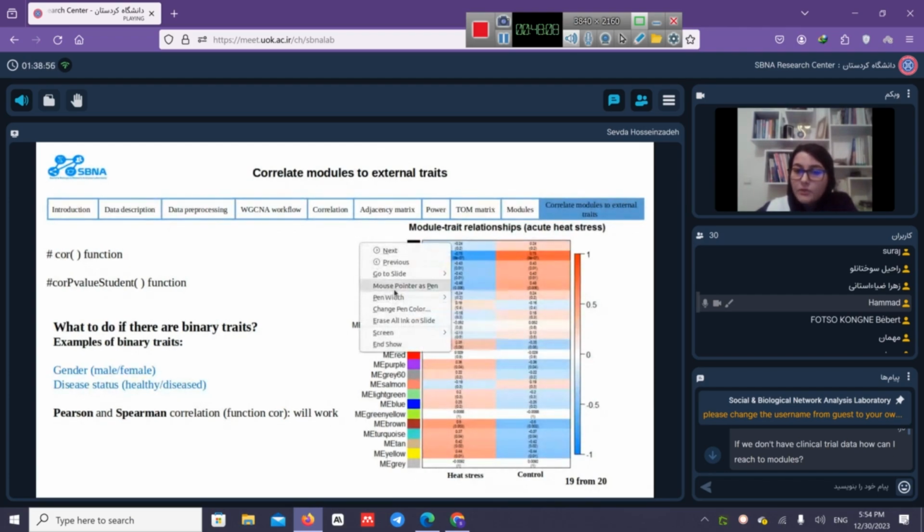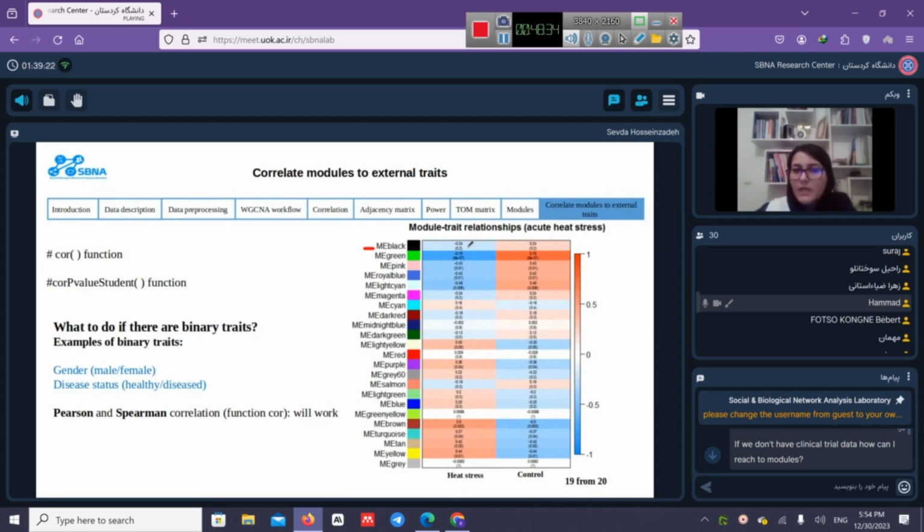In module black we have 2 numbers, and one of them is minus 0.24. This shows us the correlation coefficient between the eigengenes of this module and heat stress amount, and all of the numbers in parentheses are our p-values.